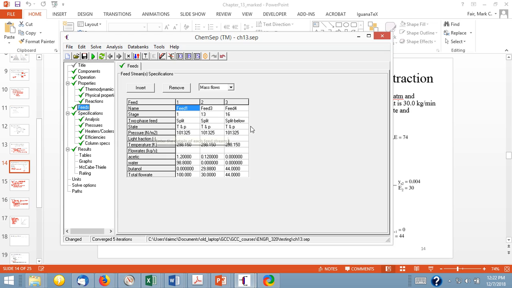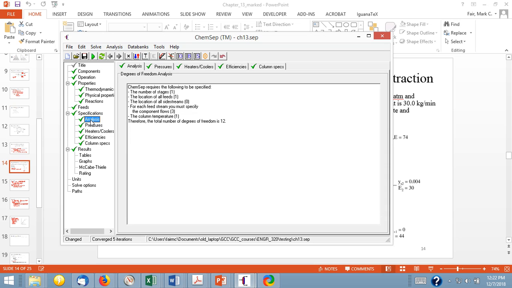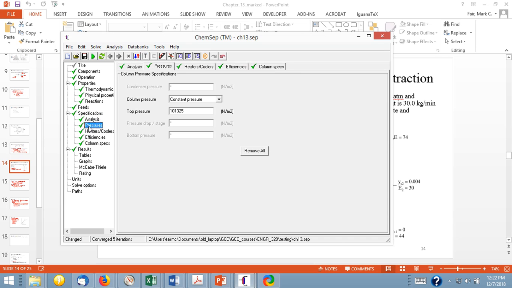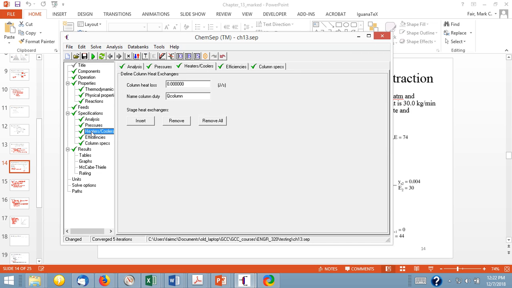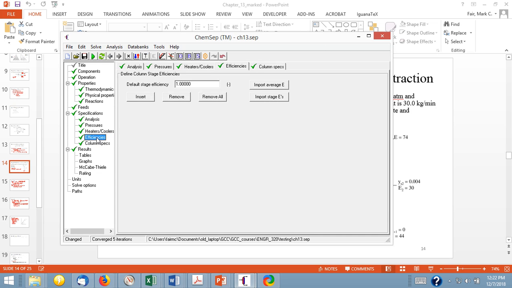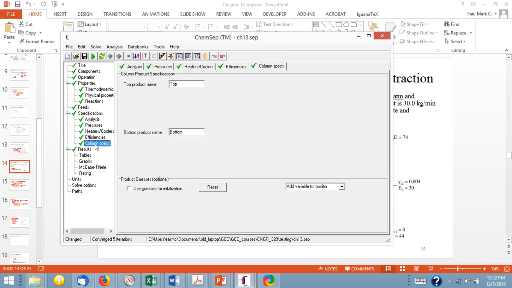So we need to specify it that way. Specifications, analysis, pressures. We'll go with constant pressure and atmospheric. Heaters, coolers, we'll assume that there's no heat loss from the column, right? Efficiencies, we'll leave at 1 for us. Column specs are fine. And if we've done all that and we've done it all correctly, we should be able to run this.